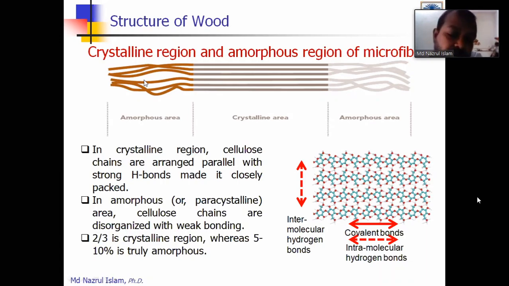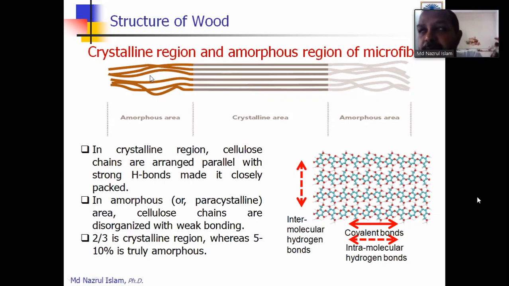Generally we say wood has the affinity to water, it absorbs water. It has this inherent property because it has both amorphous and crystalline regions. The crystalline region doesn't absorb moisture, but the amorphous region will absorb moisture, and that will definitely be present in the wood.